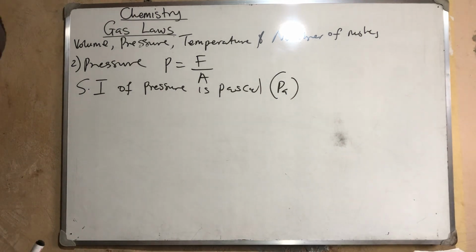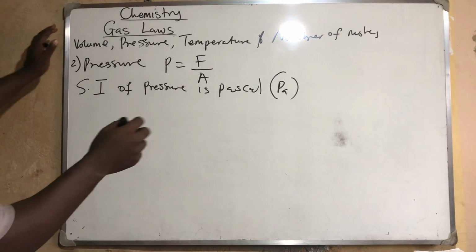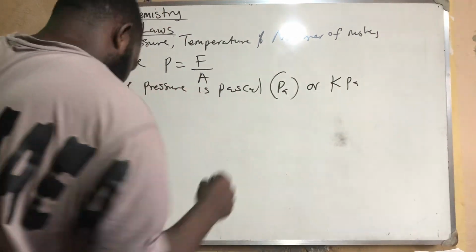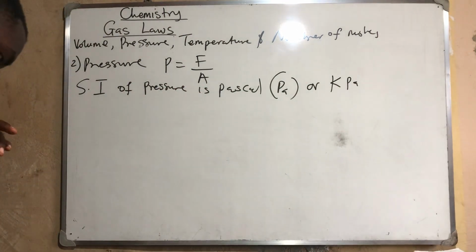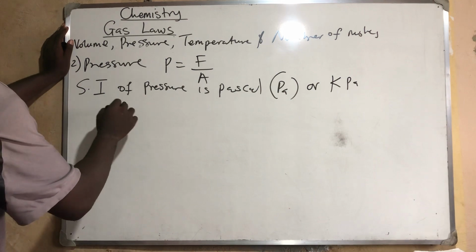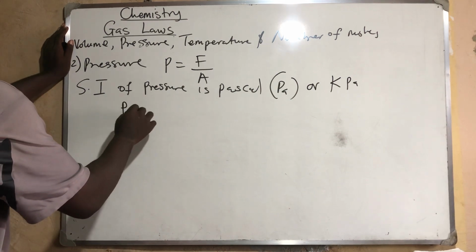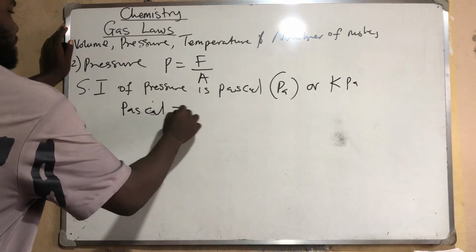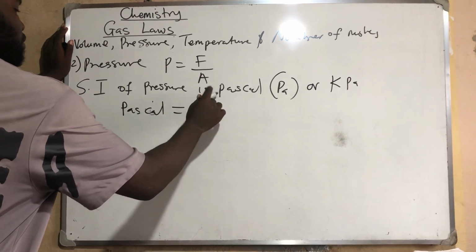We have other units, like the kilopascal. Kilo means 1000, so it is 1000 Pascal. Please note that Pascal is the same thing as Newton per meter square.